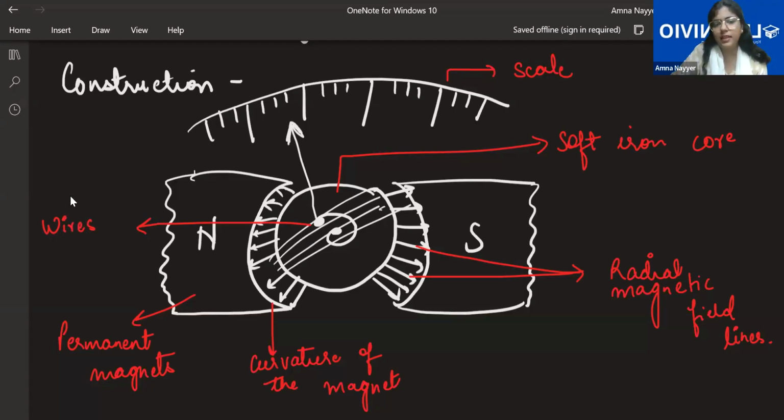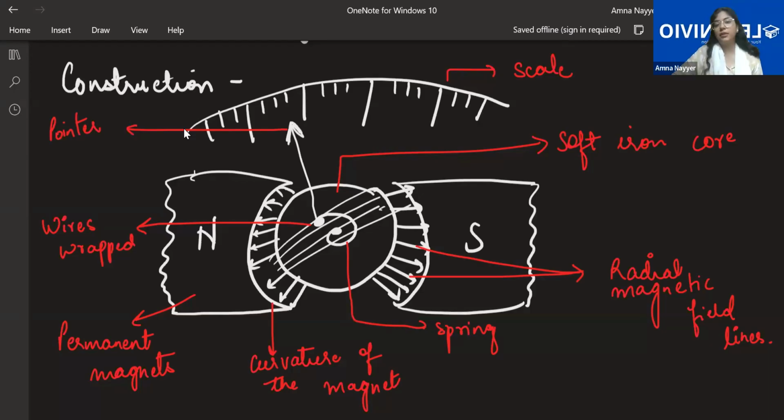Basically, these wires are present just to wrap around the soft iron to produce the magnetic field. So wires are wrapped on the soft iron core, which has a spring. This is a spring which is present. This part, there is a spring attached on which rests the pointer. This is the pointer. This is how it is constructed from inside.